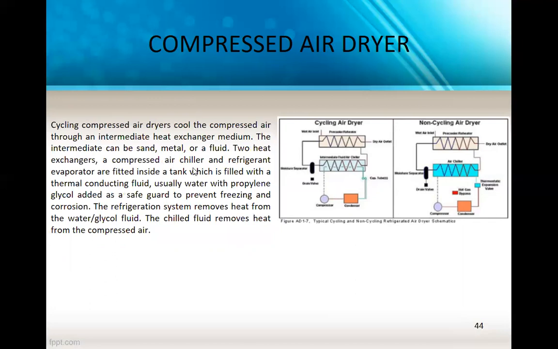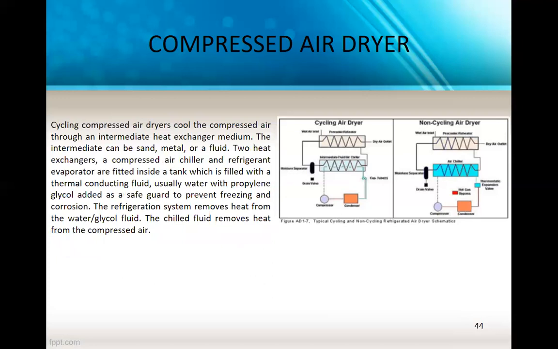Cycling compressed air dryer cools the compressed air to an intermediate heat exchanger medium. So, dalawa siyang naka-close loop. Ito may medium siya. The intermediate can be sand, metal, or fluid.